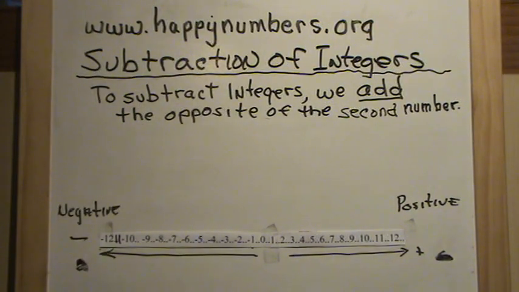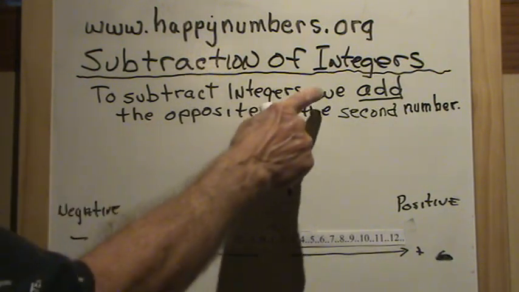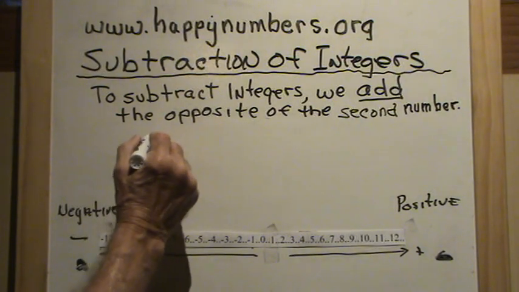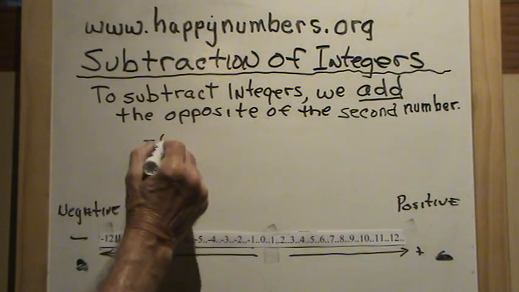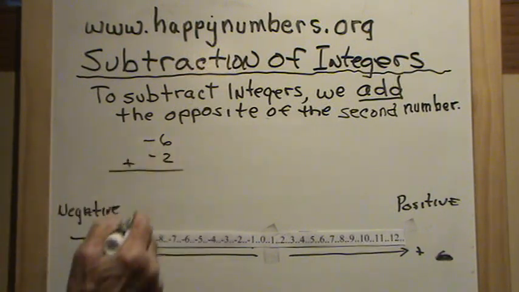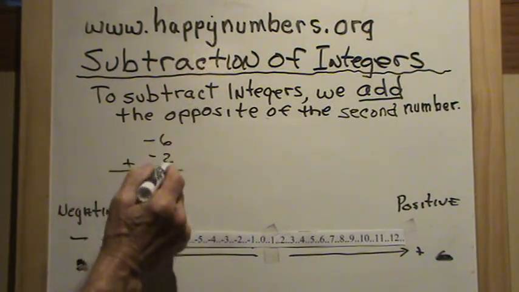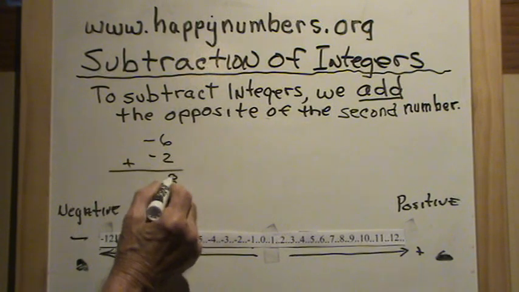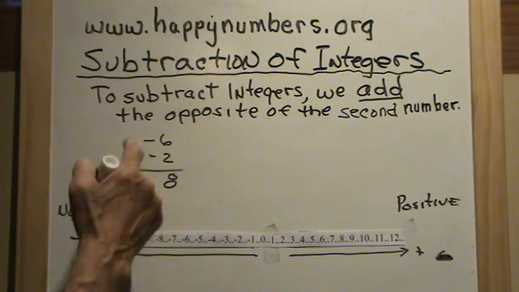The other thing we need to keep in mind also is, if you recall, when we were adding signed numbers or adding integers, if the signs were the same, like a negative 6 plus a negative 2, we just combine the numbers. 6 and 2 is 8, and we use the similar sign.